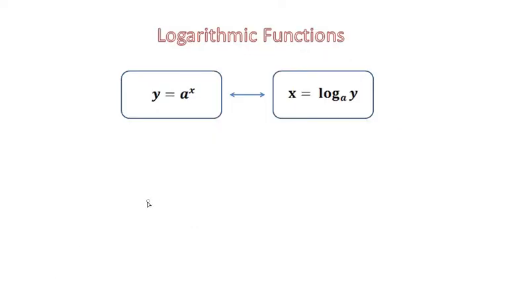A logarithmic function is a different representation of the exponential function. Y equals 10 to the power of x could be represented in a different way. It could be represented as x equals log base 10 of y. X is the power of 10 that makes y.